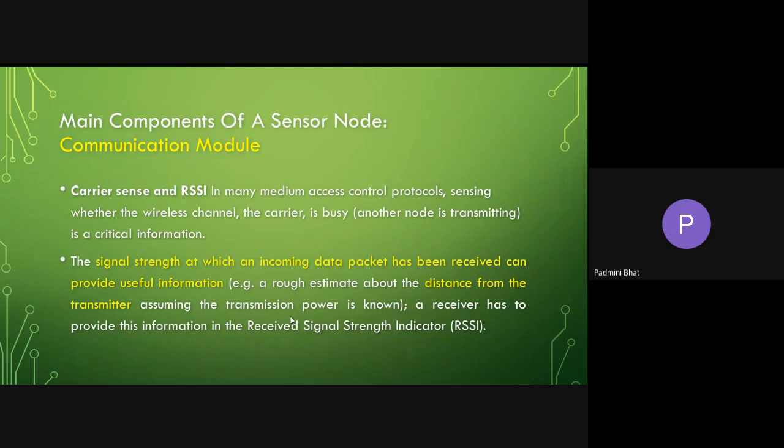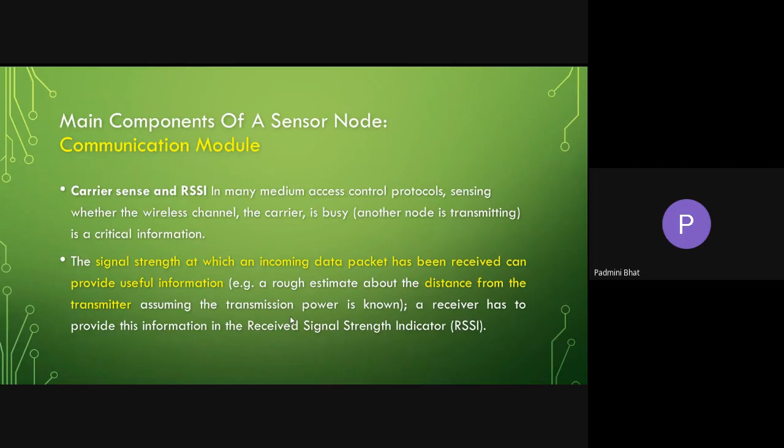The signal strength of the incoming data gives you many other pieces of information, other than the data. The data may be just measuring rainfall, yesterday's rainfall.